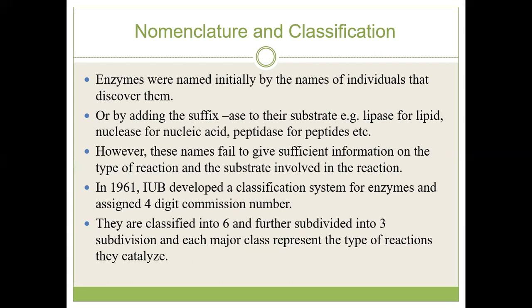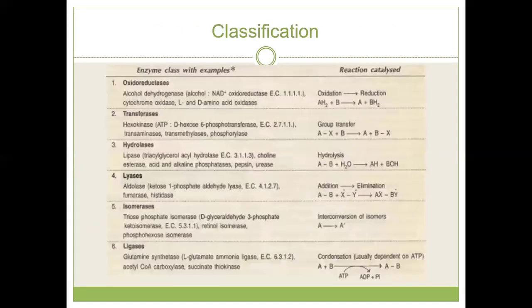For example, the first number represents the class, the second digit represents the subclass, the third one represents the sub-subclass, and the fourth one represents the individual enzyme, which we will see based on the classification.